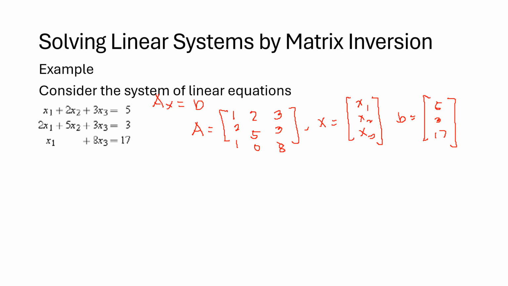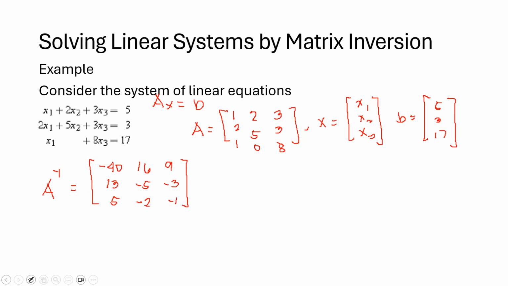The first thing that we have to do is determine the inverse of A. I leave it to you to do the step-by-step process of getting the inverse of A, and I want you to verify that the inverse of A in this case would be: negative 40, 16, 9; 13, negative 5, negative 3; 5, negative 2, negative 1.